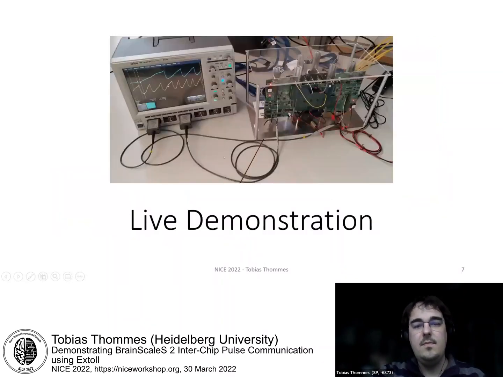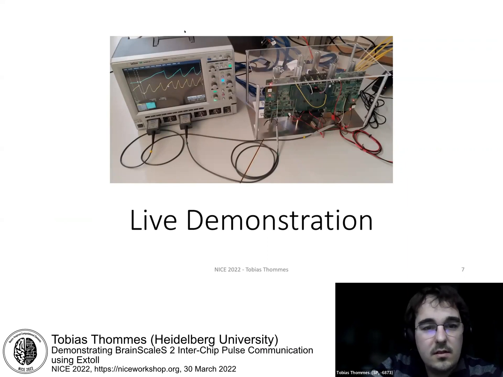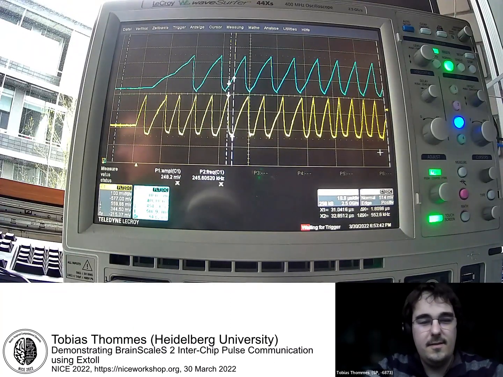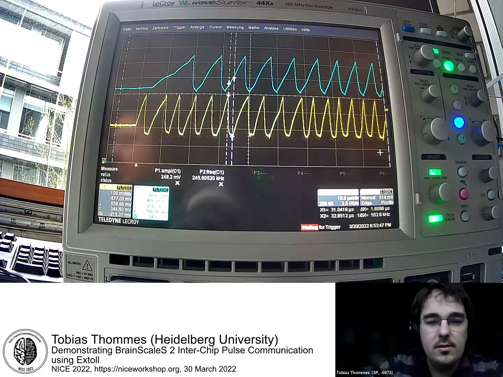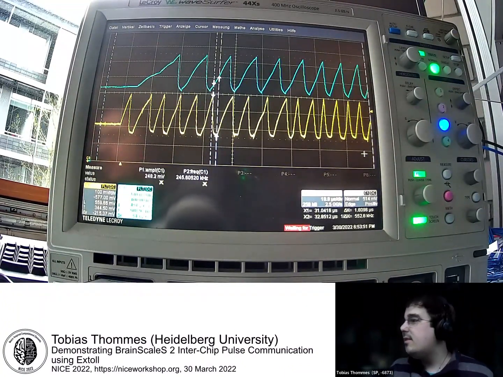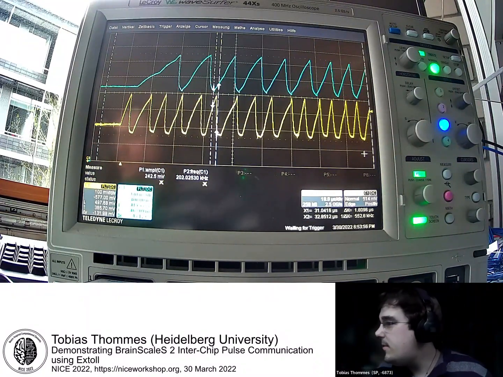Yeah. So now I hope I can do a live demonstration. Therefore, I have to change my screen share. Can you see the scope? Yes. Very good. So then I take my console on the screen and I can start an experiment. And you see the signal has changed on the scope.